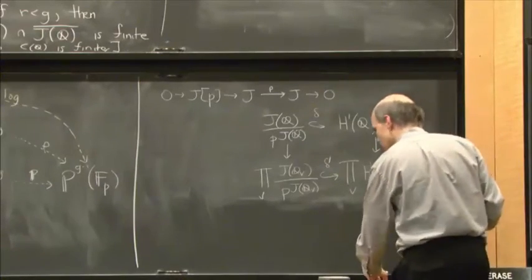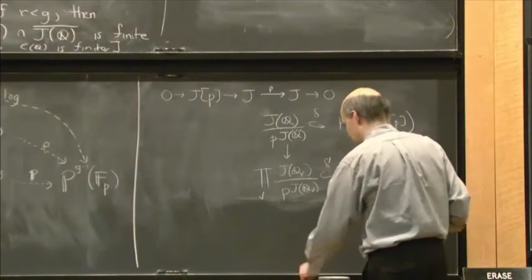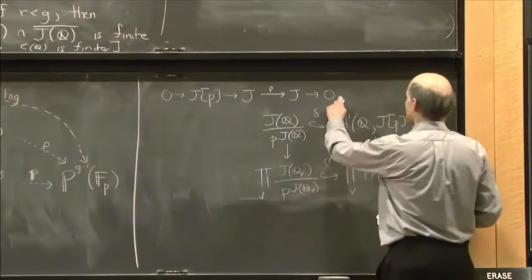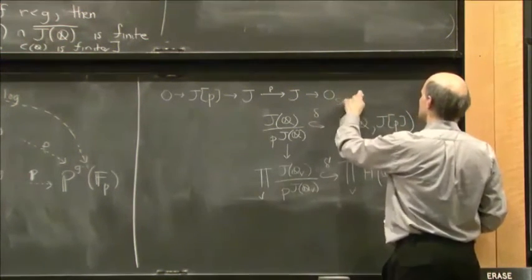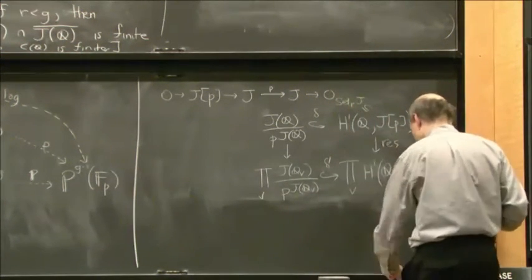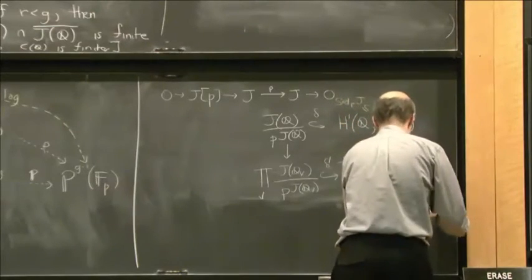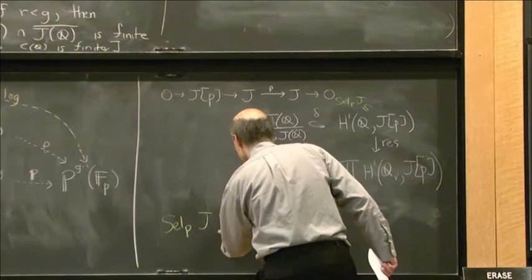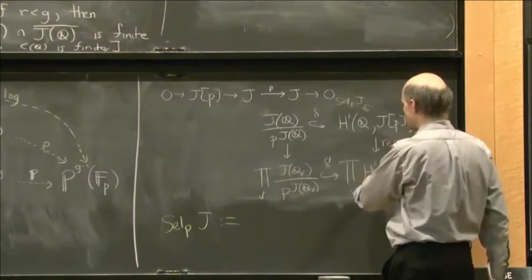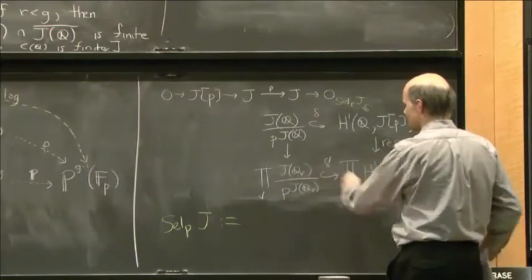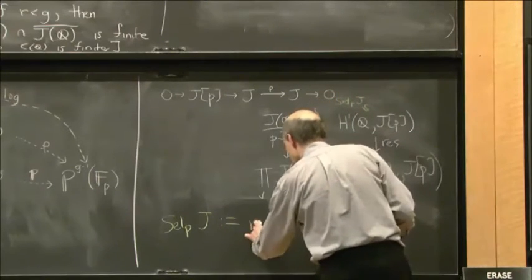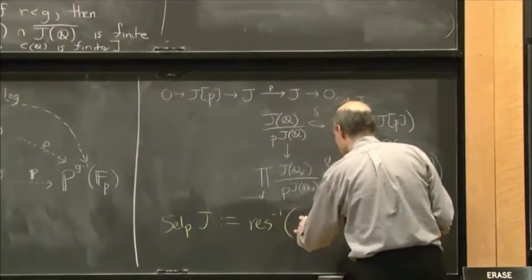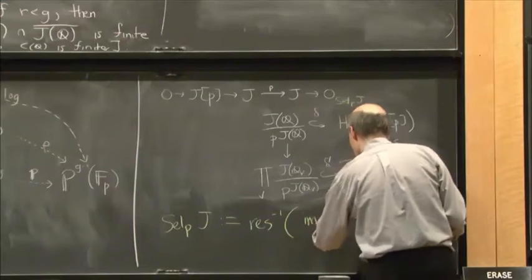And then the Selmer group is up here. The Selmer group is contained in this H^1, and it's defined to be the elements here that map into the local image here. So it's just the restriction inverse of the image of delta prime.